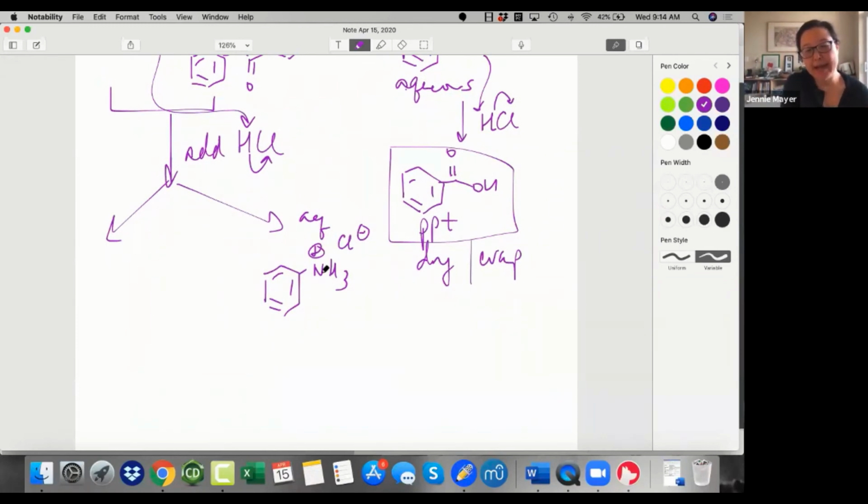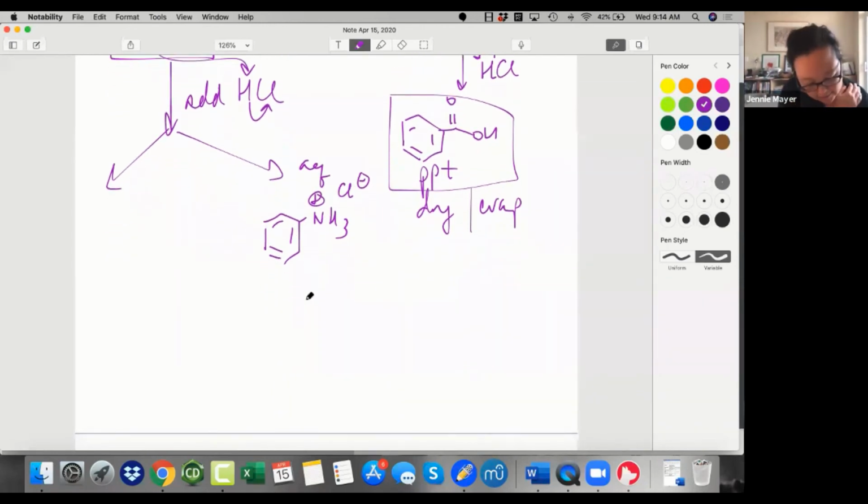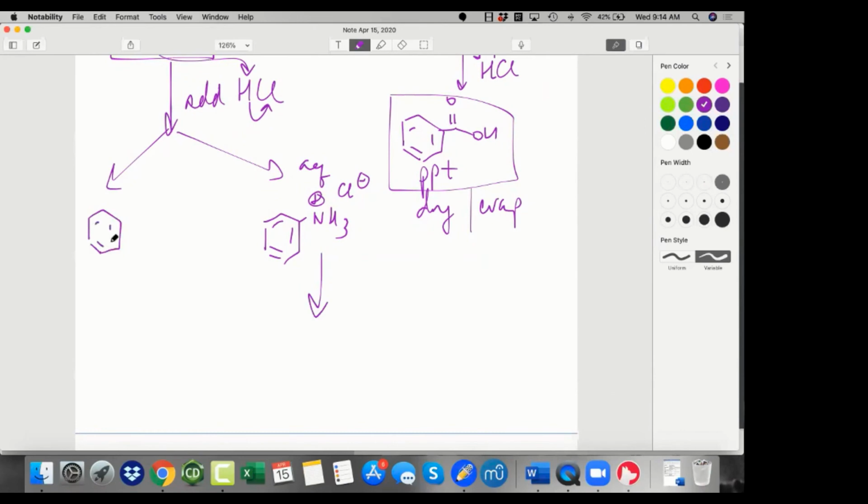And some people ask, well, couldn't I just filter it at that point? But no, it's dissolved in the aqueous layer. Some people would boil the water, but water is really hard to boil off. But you could try to boil off the water and everything left would be this salt. But to make it a little bit easier, I would neutralize it. How could I neutralize this? With a base, yeah, very good.